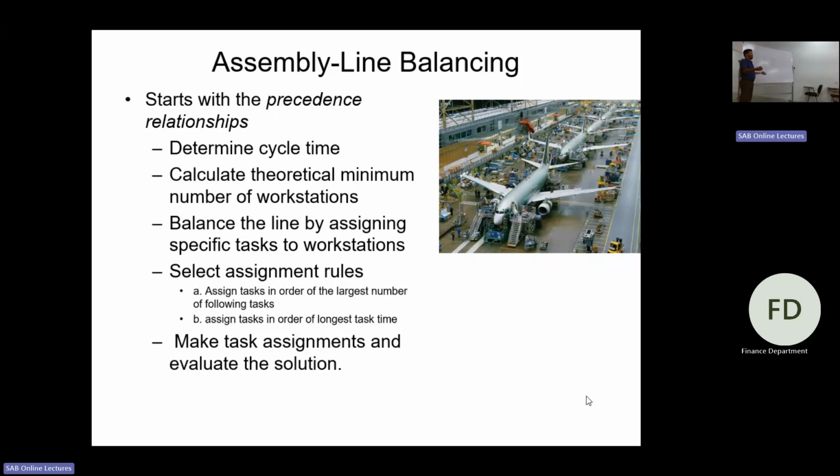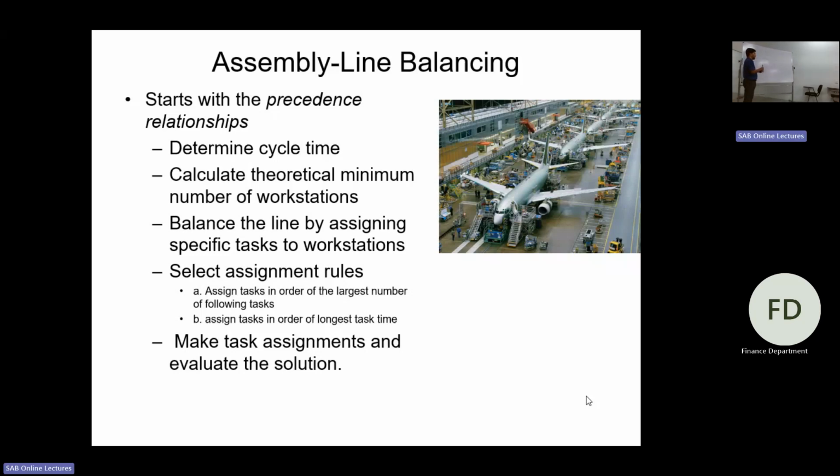Again, now we have to prioritize one. C and D, out of them only one. So which one to prioritize? For that, we have to use the primary rule: following tasks. C has 3 following tasks. D also has the same number, 1, 2, 3. So the primary rule doesn't help us to break the tie.